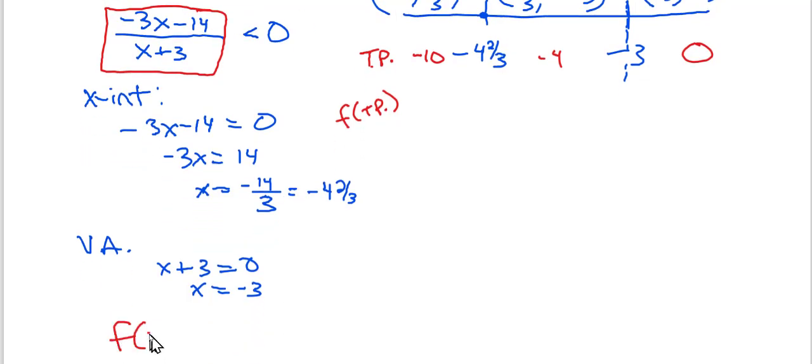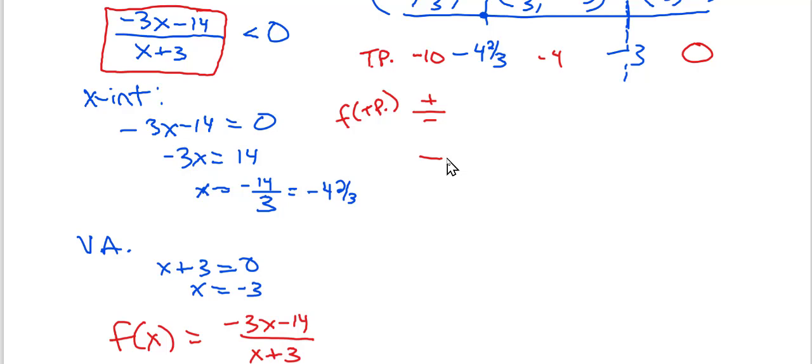So f of x equals (negative 3x minus 14) over (x plus 3). When I plug negative 10 in the numerator, I'm going to get 30 minus 14, a positive number. Negative 10 in the denominator will give me a negative. That gives me a result of a negative number.